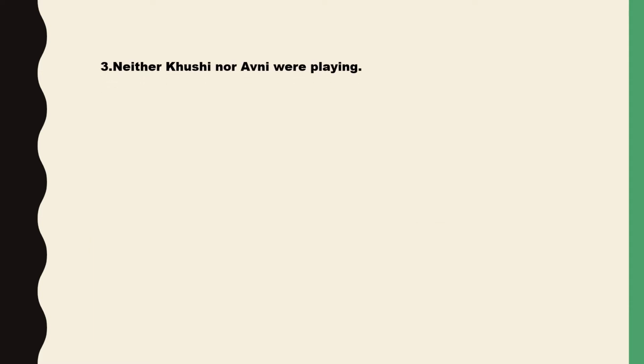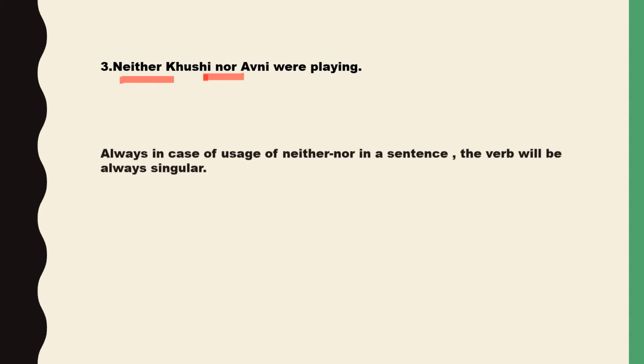Neither Khushi nor Avani were playing. Now here you can easily see we have used neither nor in a sentence. So there is a rule in subject verb agreement: if you are using neither nor in a sentence, the verb will always be singular.